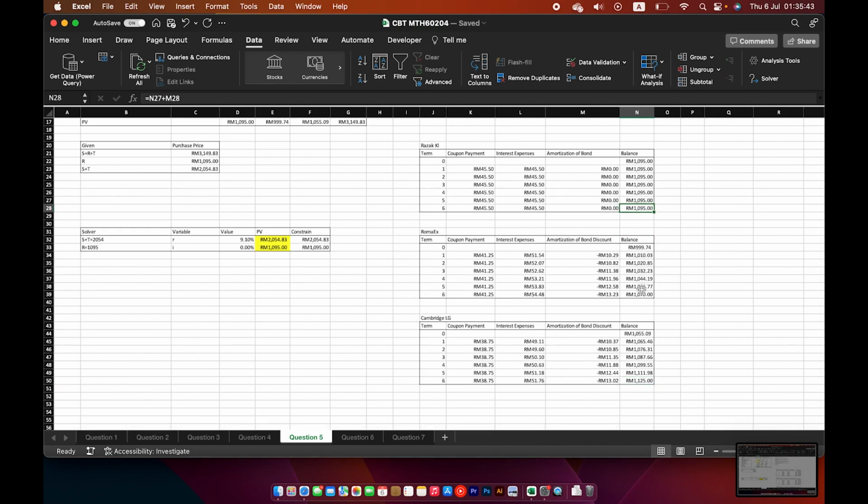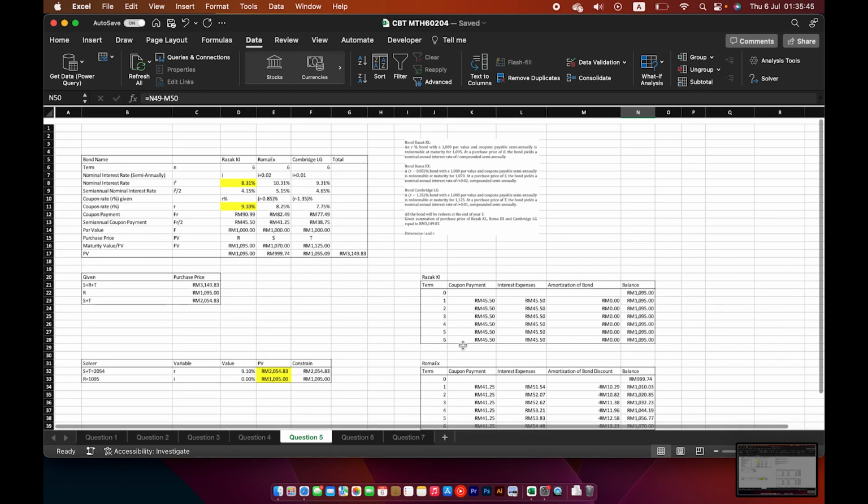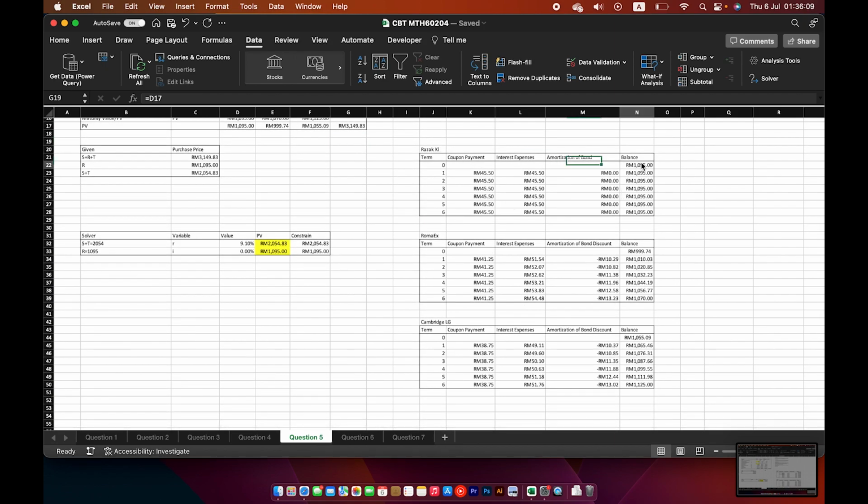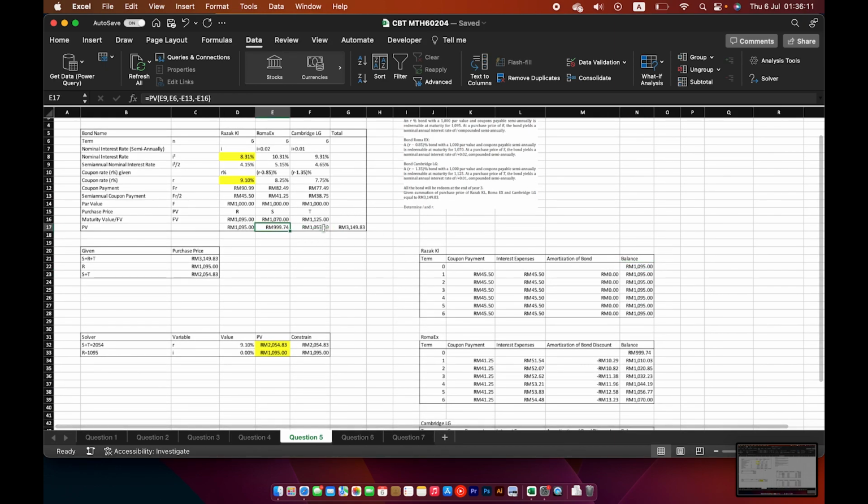The summation of these three amounts is equal to, for these three questions, the PV, we have it here. The present value of Roma EX is this amount, 999.74, and for Cambridge LG is 1055.09.